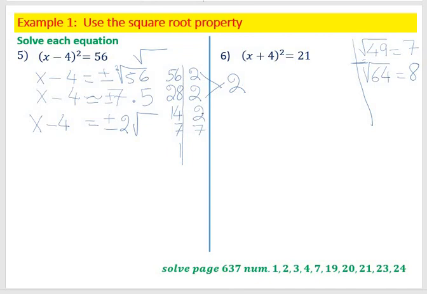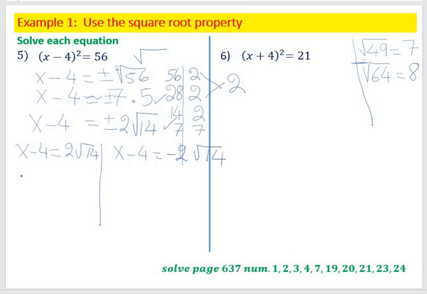So root 2 by 7 is 14. It can be written like this, and it can be written like this. Okay, now I have 2 equations. X minus 4 equals 2 root 14, or x minus 4 equals negative 2 root 14.